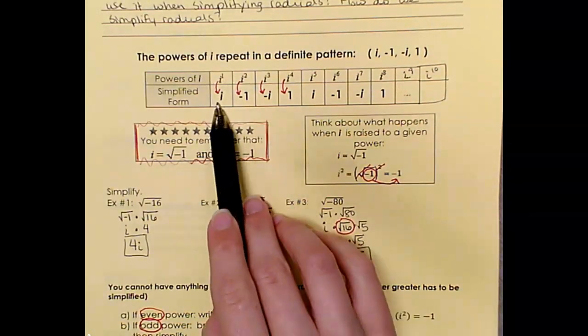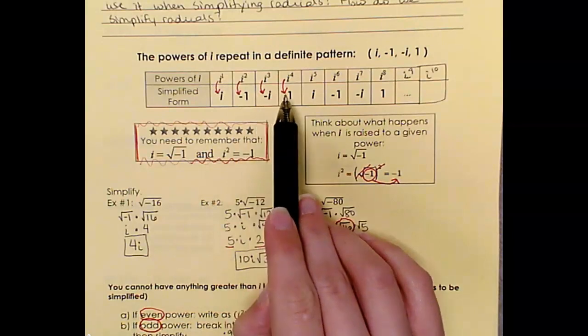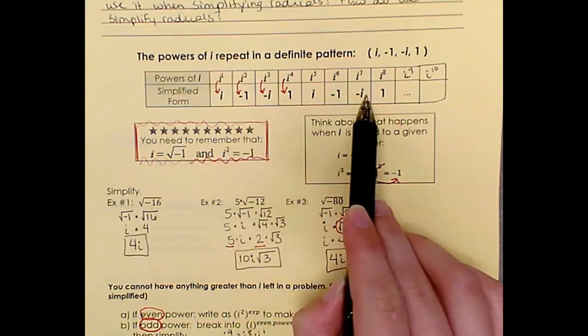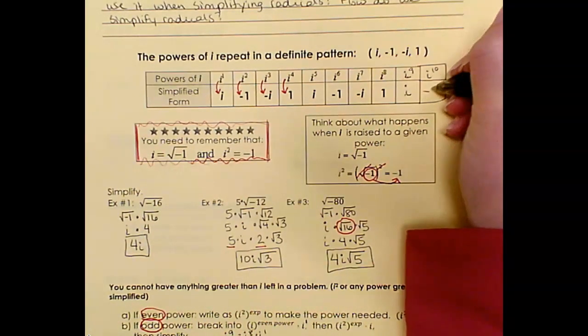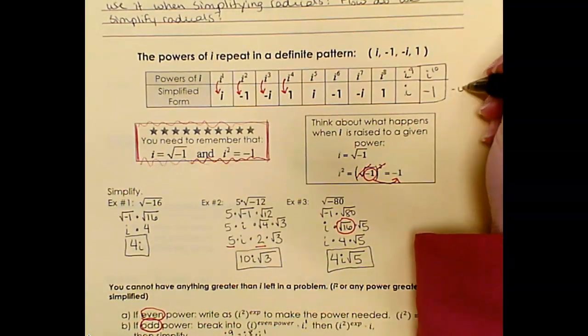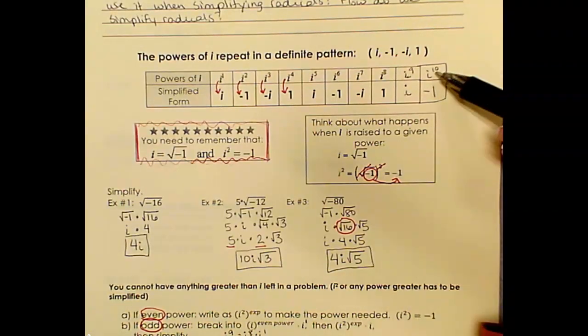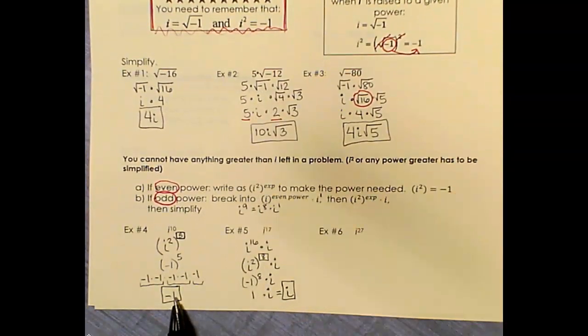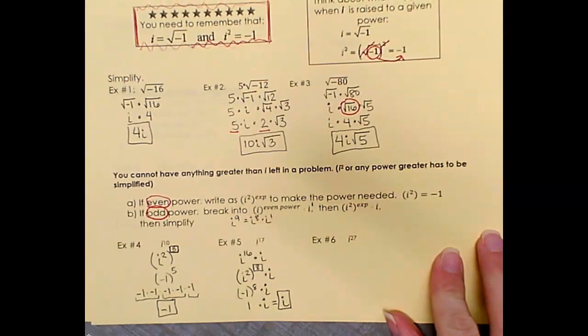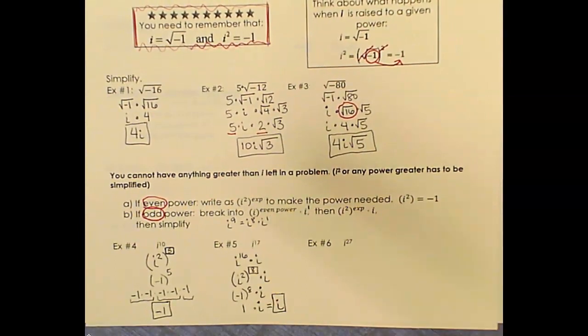So it goes i, negative 1, negative i, 1. i, negative 1, negative i, 1. And then we would have i and negative 1 before we had negative i and 1. So i to the power of 10 is negative 1, and that's what we found down here. So it's just trying to figure out if you completed the table, if you kept going, what this power would be. That's what it's asking. So go ahead and try example 6, pause your video, and then check back.